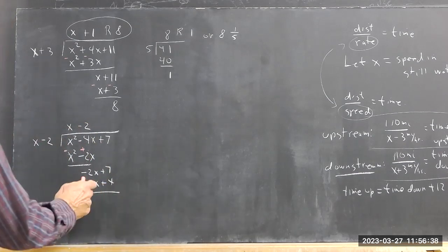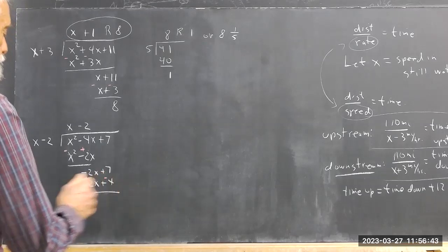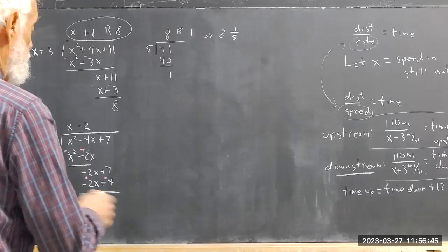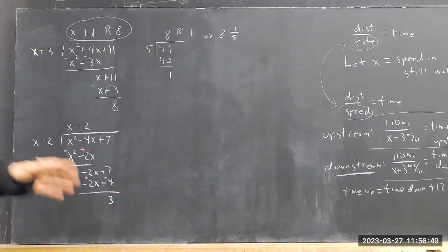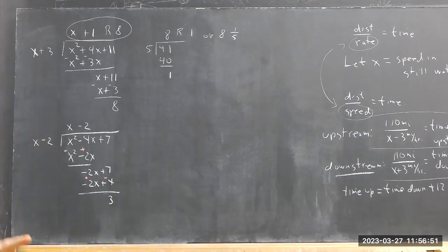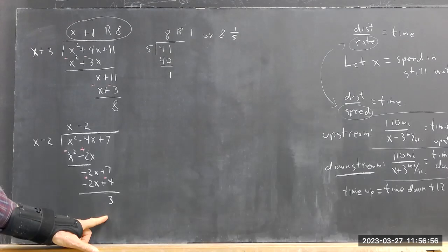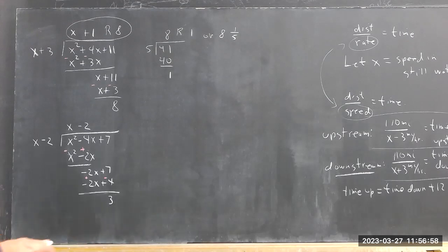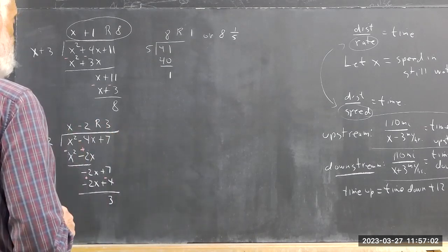Okay, well, write down a little plus sign here and a minus sign here. Now we've got 3 and no way to get that 3. Nothing up here we can multiply by x minus 2 to give us that, so that's what's left over. We have a remainder of 3.